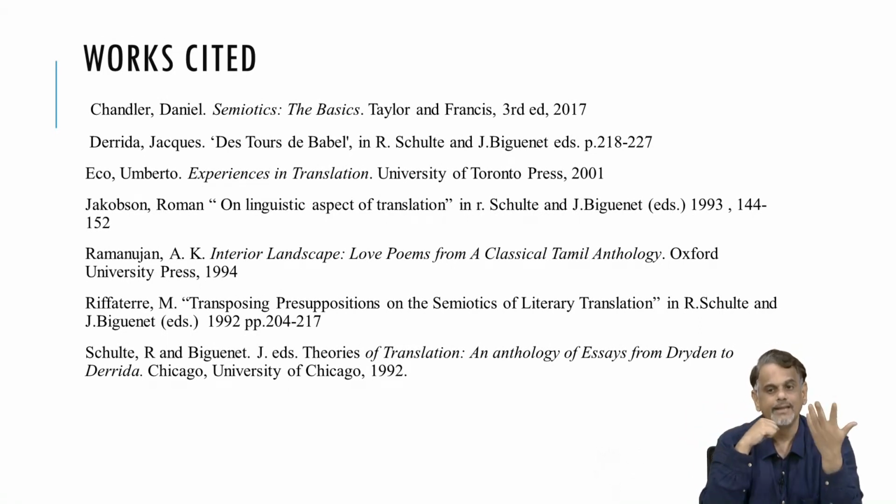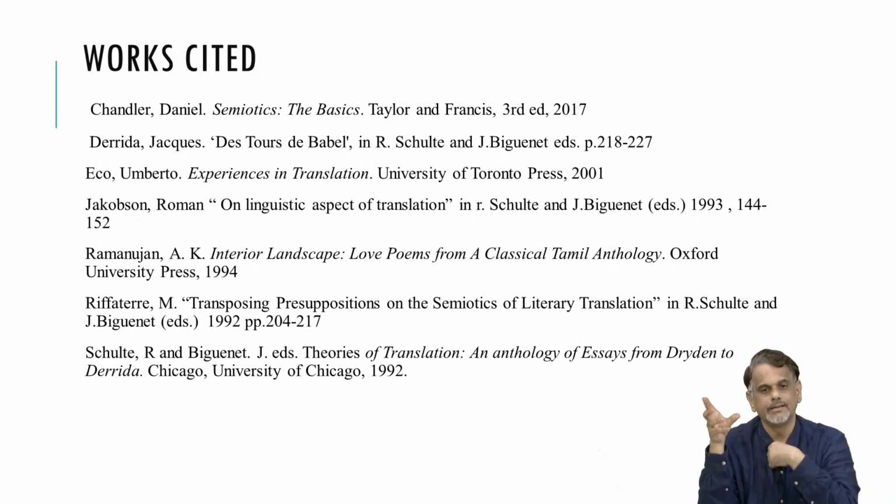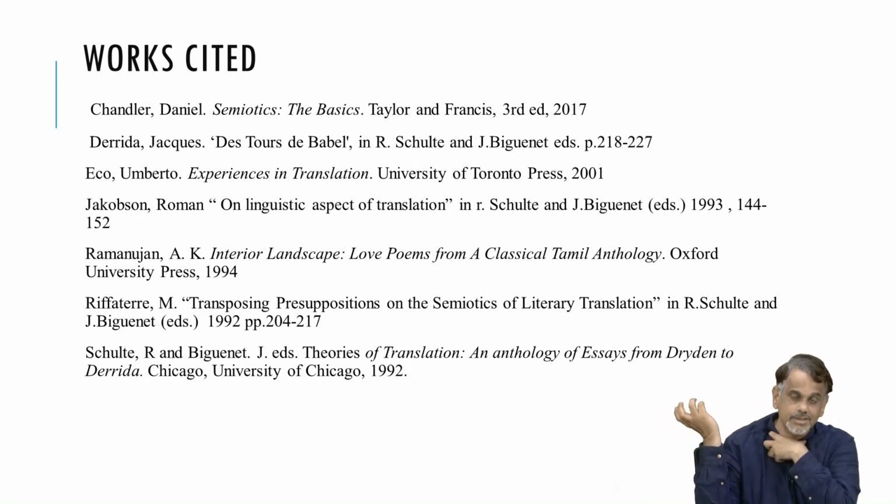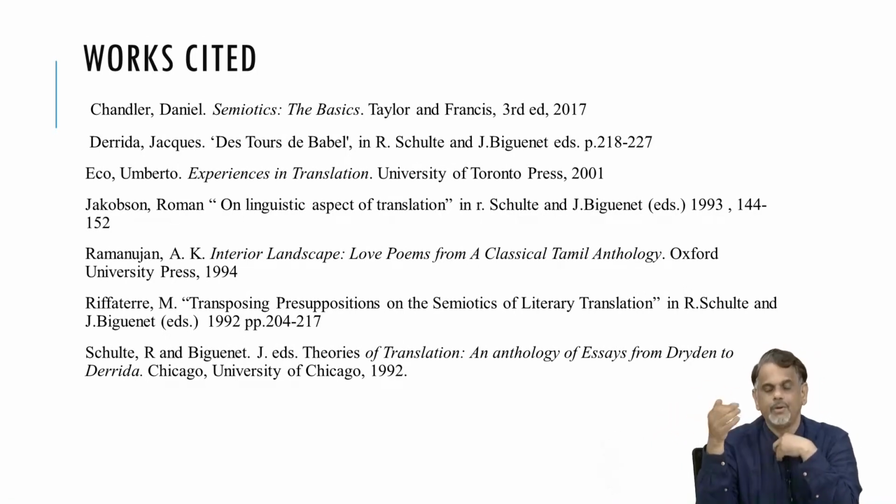And because he also critiques the Sapir-Whorf thesis, right, and because his legacy continues in the theorists of literary translation like A. K. Ramanujan or Umberto Eco or Michael Riffaterre and so on. And in the last lecture, we also saw how Derrida and post-structuralists have questioned these binaristic assumptions that underlie structuralist formulations of Jakobson, right. So, in the course of these 3 classes, we have discussed these 3 important aspects of this essay.